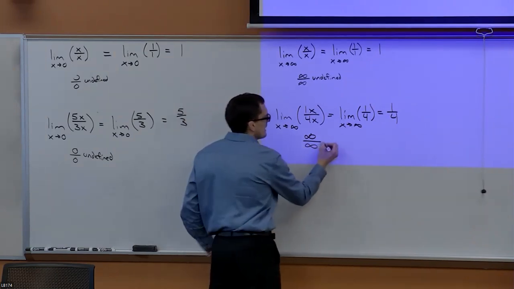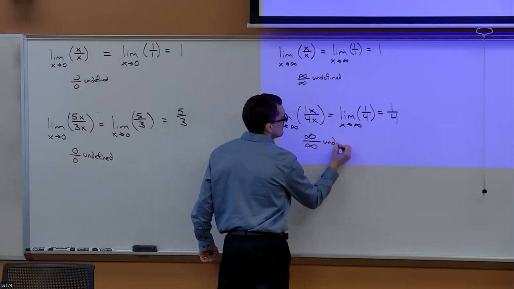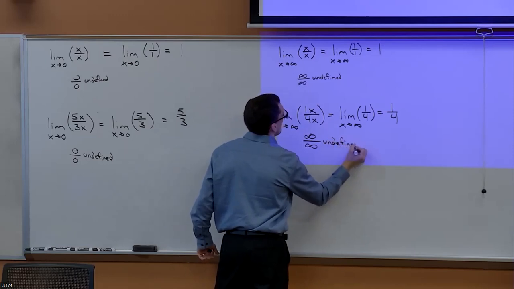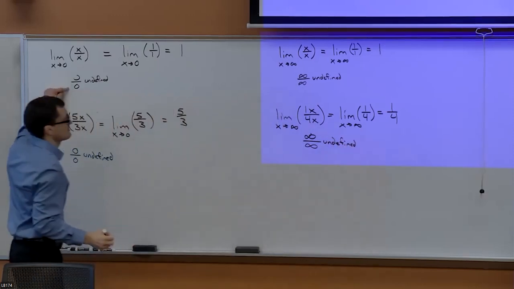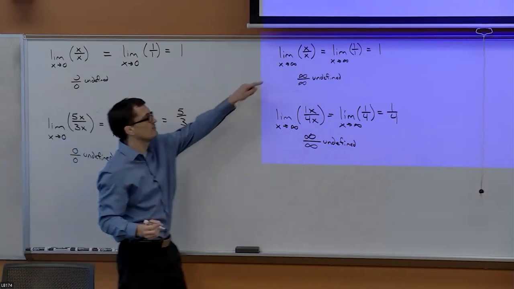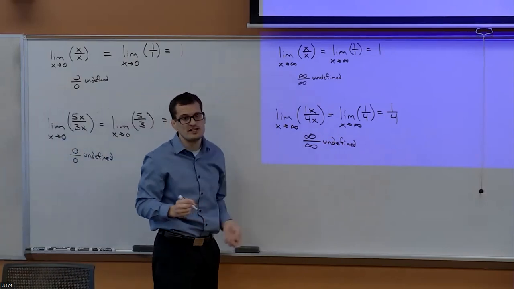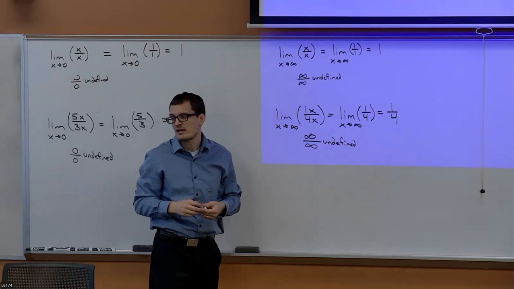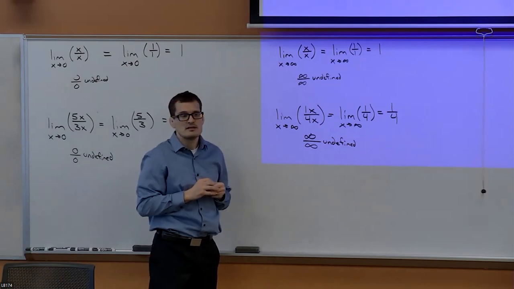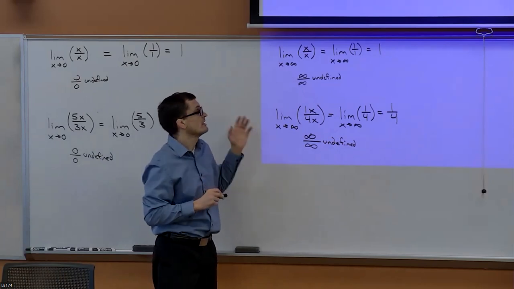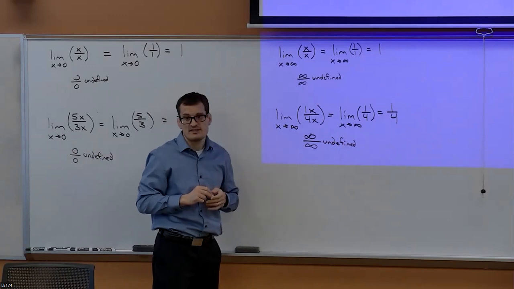In other words, if we get the form 0 over 0, or if we get the form infinity over infinity, then our limit may be anything.